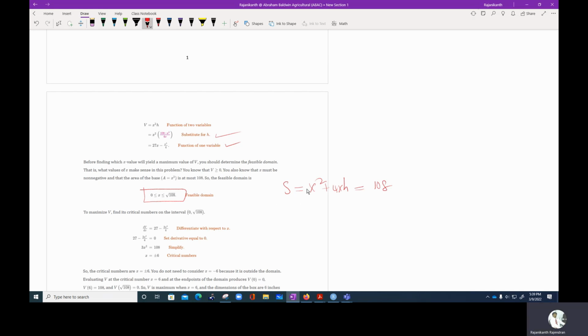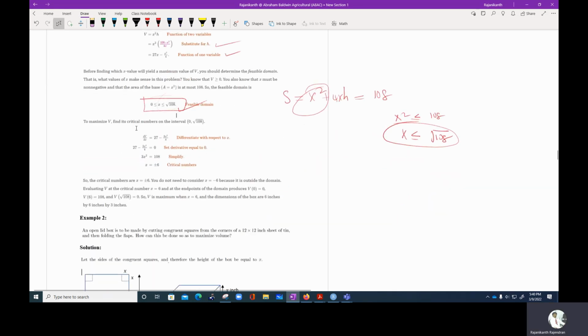That means the maximum possible x squared is 108. So you cannot exceed 108, right? Therefore, you impose the condition here that x squared is supposed to be at most 108. That means x is supposed to be at most the square root of 108. So this is the condition you are imposing for x. We call that condition the feasible domain.